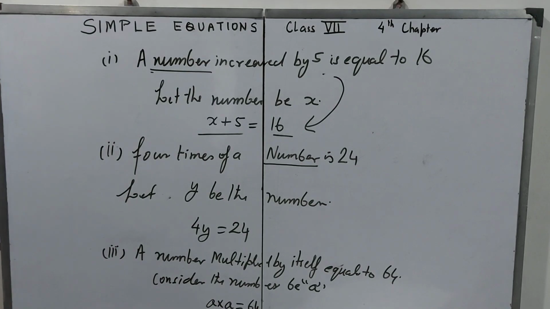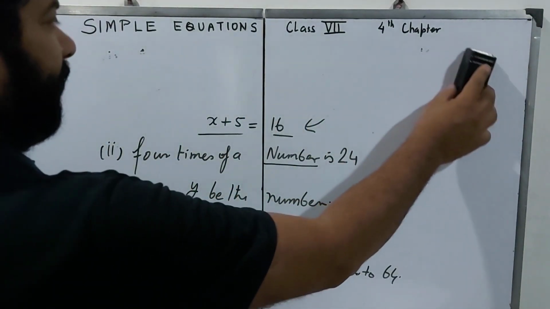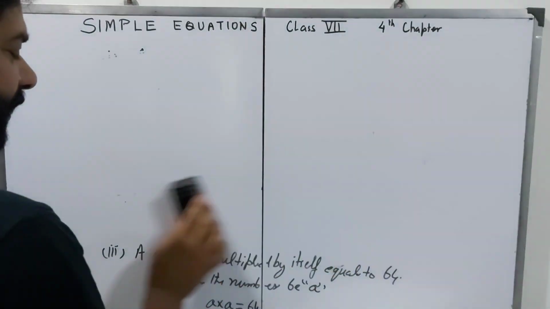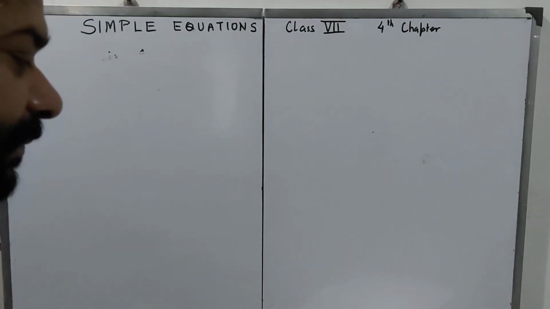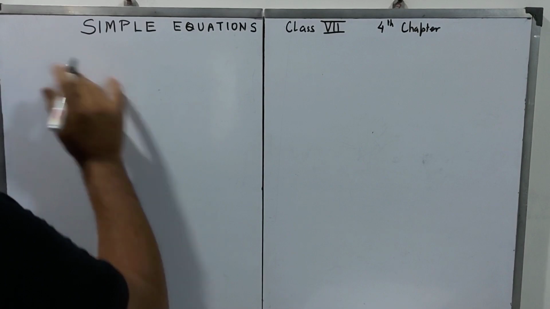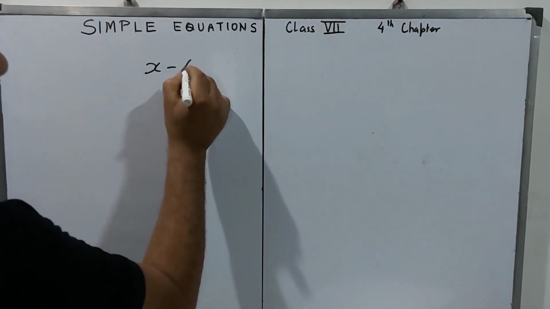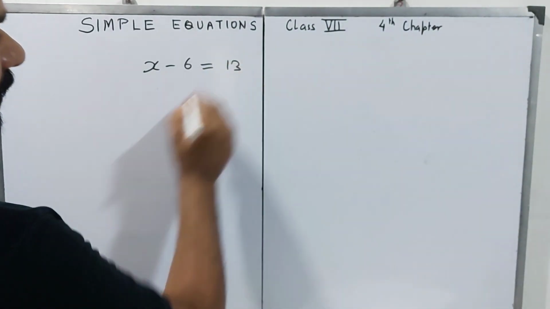Now we take some equations and convert them into mathematical statements. Suppose an equation is x minus 6 is equal to 13.